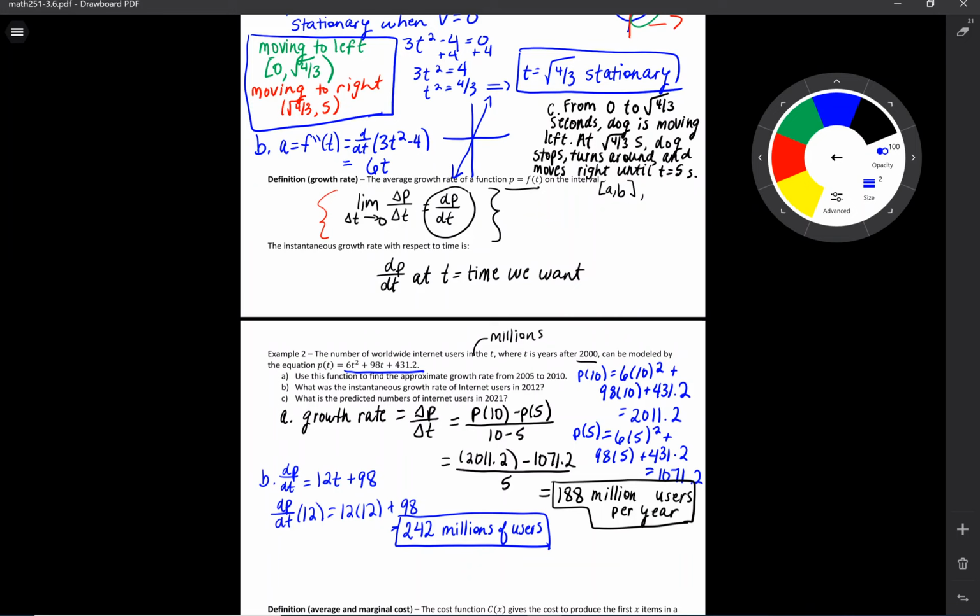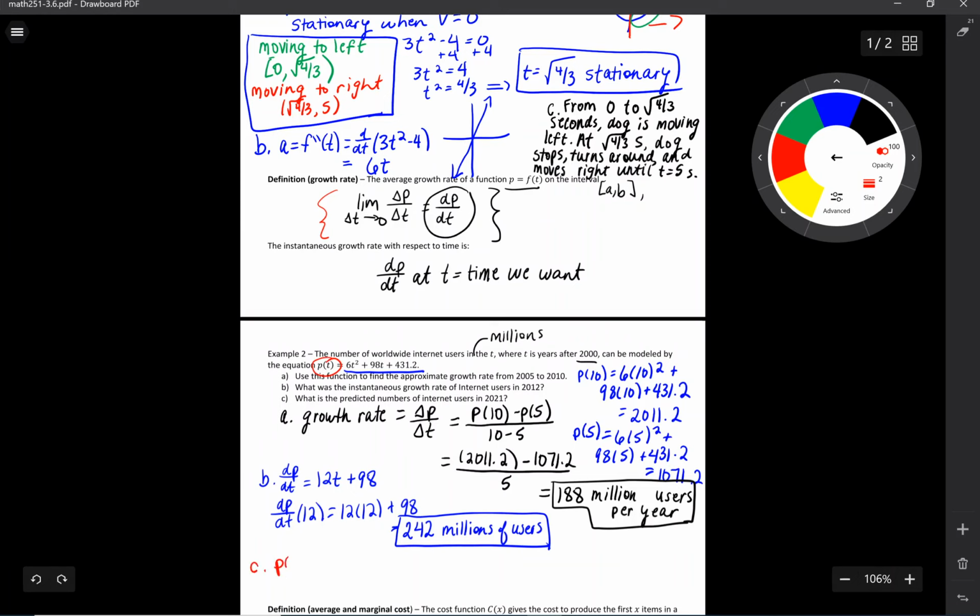All right, and then we want to use this model to predict the number of internet users in 2021. So P of t is the number of internet users. So I'm simply going to plug in 21 into my P of t function, since that function is what tells us how many internet users we will have.